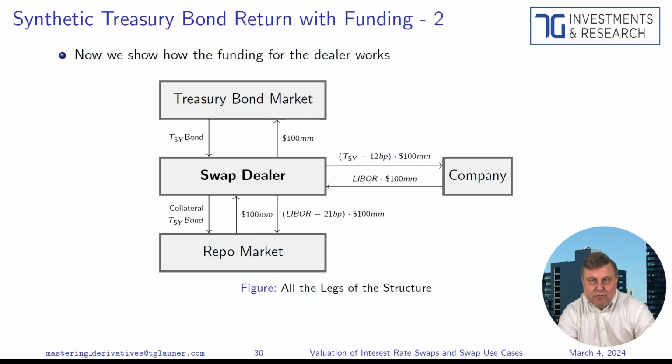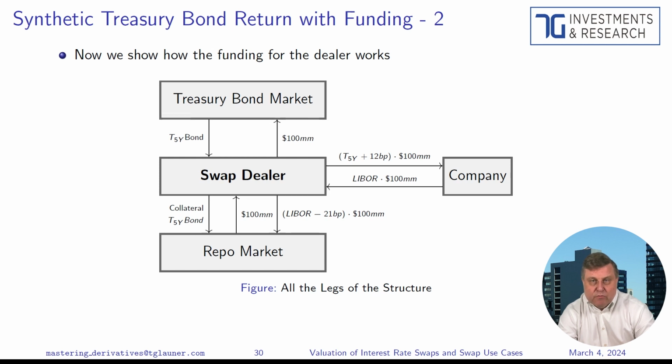Specifically, the dealer buys the bond in the treasury market for $100 million and funds the cash amount by borrowing in the repo market. The dealer receives the bond and passes it through as collateral to its repo counterparty.